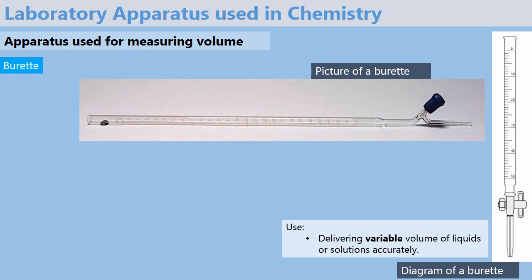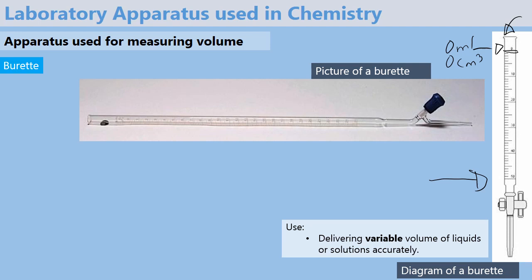When you look at this diagram here, I want you to focus on the levels. At the top we have 0, meaning when this burette is filled with a liquid or solution to this level, we can read the volume as 0 milliliters or 0 centimeters cubed.